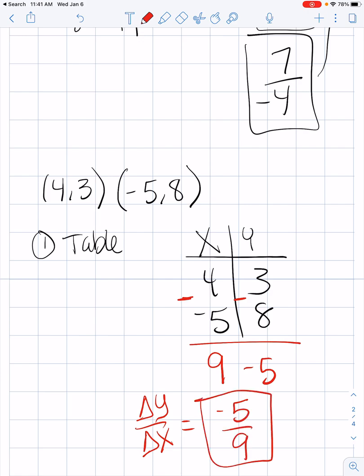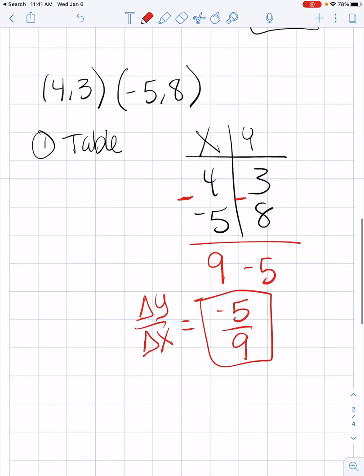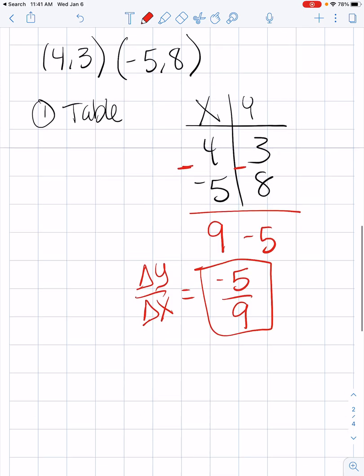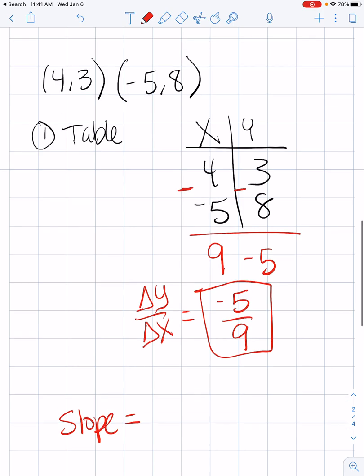Now, when I was in your Apex class, I saw that they were doing it a little differently as far as figuring out your x and y. They made a subtraction problem. So I'll show you that. Yours could look like this. Slope equals, so remember we have our x, y values.